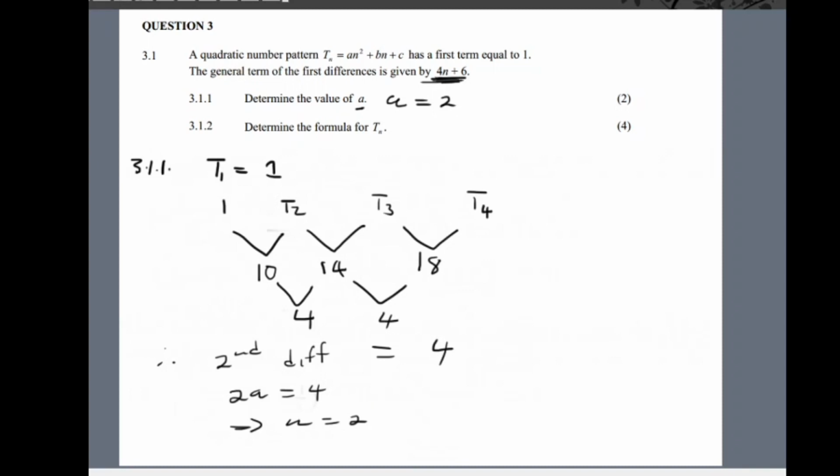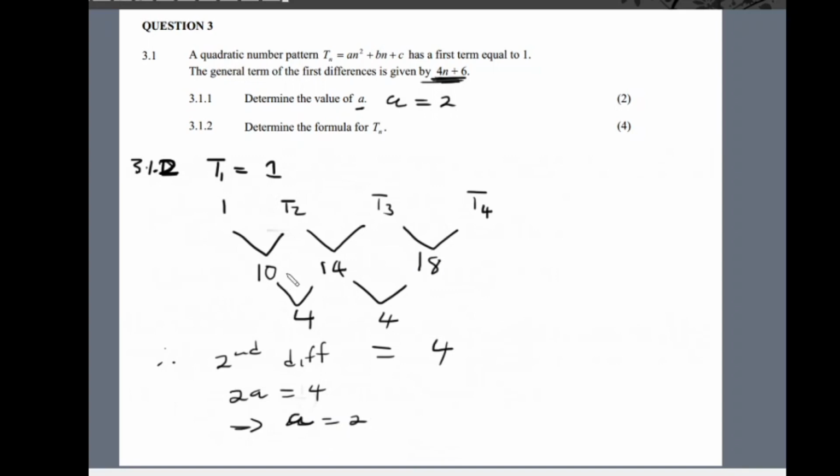Okay, and then we move on to 3.1.2. So now I'm answering 3.1.2, which is to determine the formula for Tn. We have a to be 2, right?